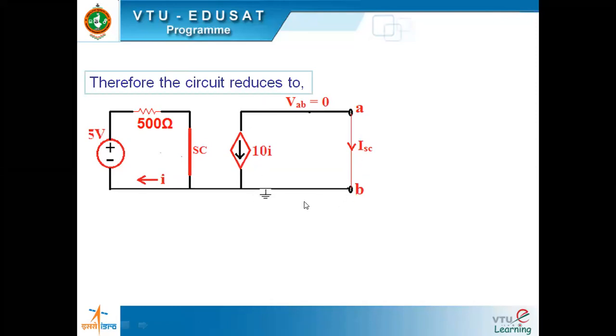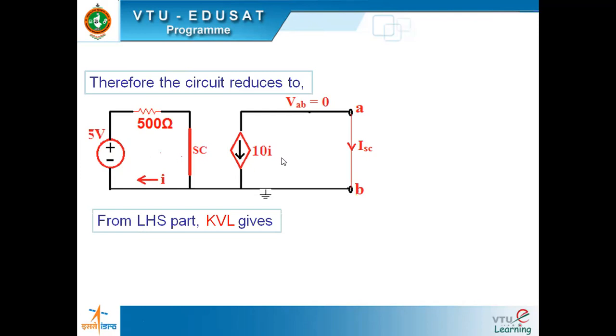ISC is flowing in clockwise direction, whereas 10I is flowing opposite to that. So it's minus 10I. Since it's minus 10I, I need to find out I.